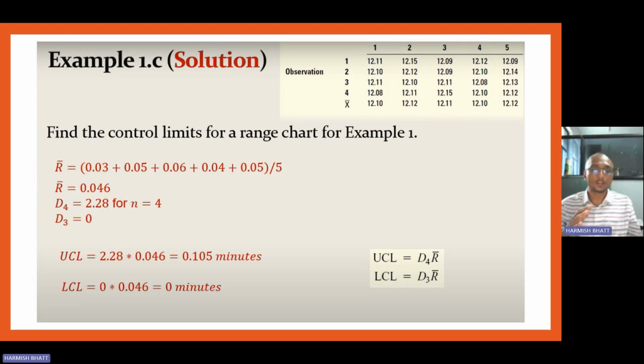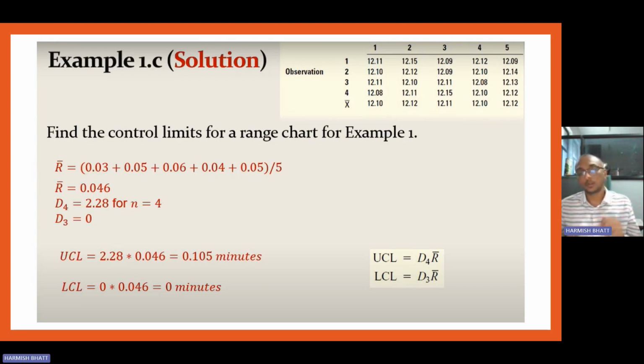In such case, if any range point is moving above the UCL or below the LCL, then that process can be considered as an uncontrolled process and some corrective actions or steps are to be taken. So likewise, we can prepare the R chart also.